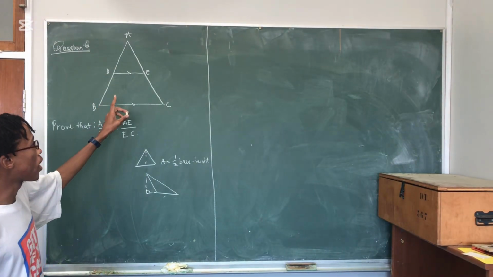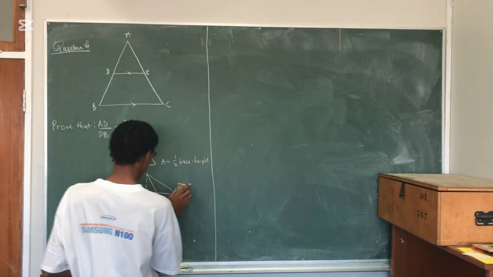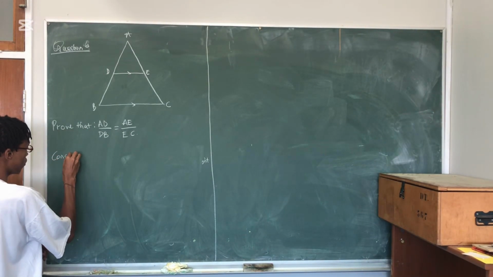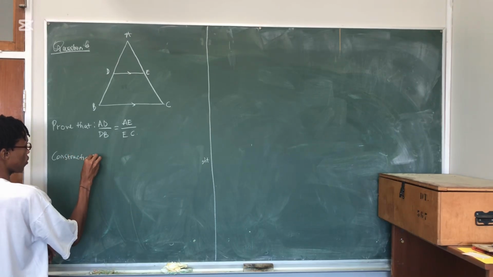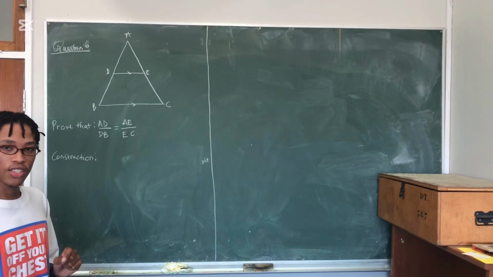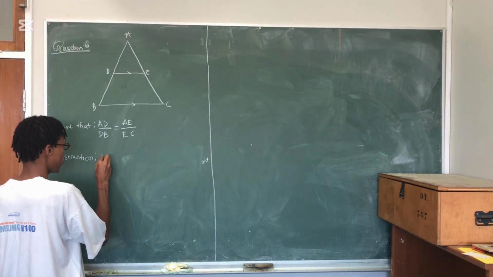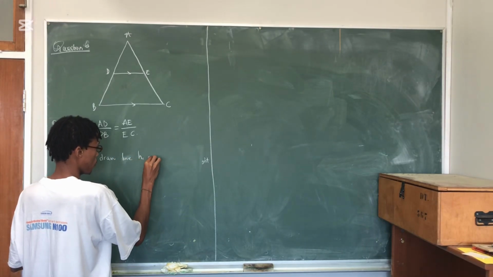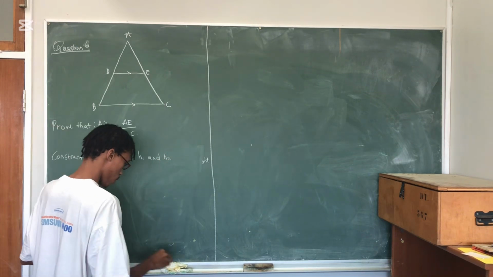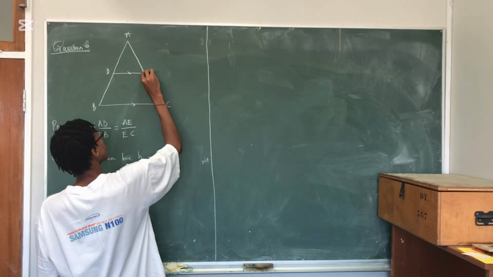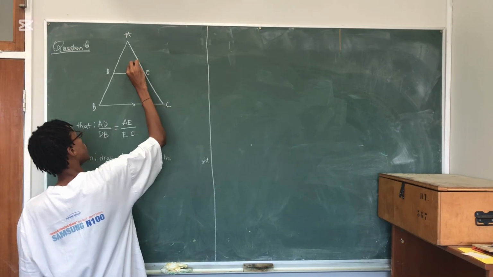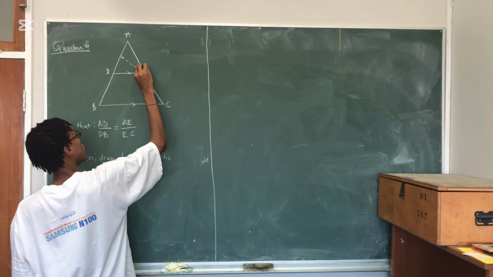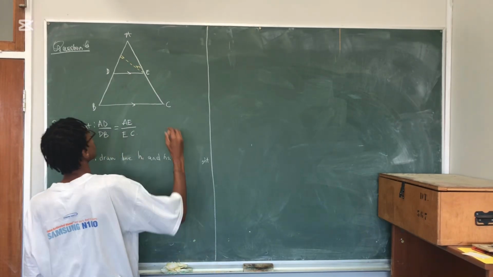The first thing that we're going to do here is construct some of the lines. Construction: we're going to draw lines H1 and H2. This is going to be H1. This will be H2.